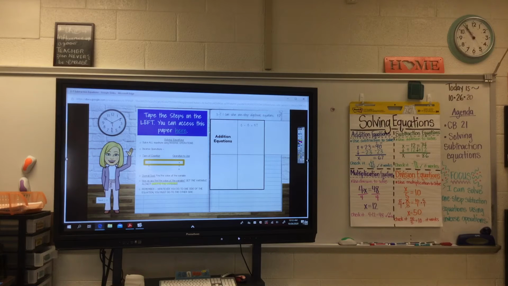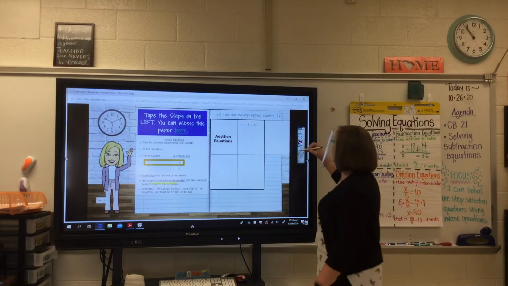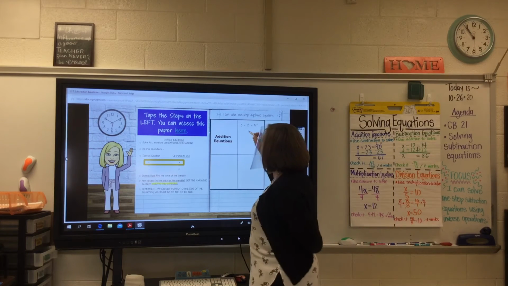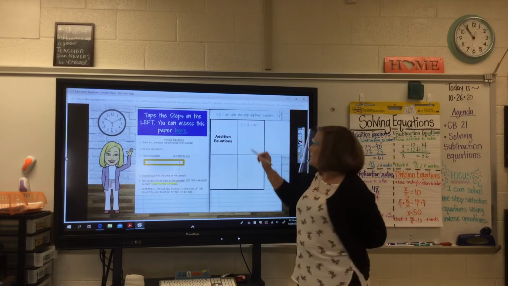What's the inverse of subtraction? Addition. So what are we going to add? Plus 13.